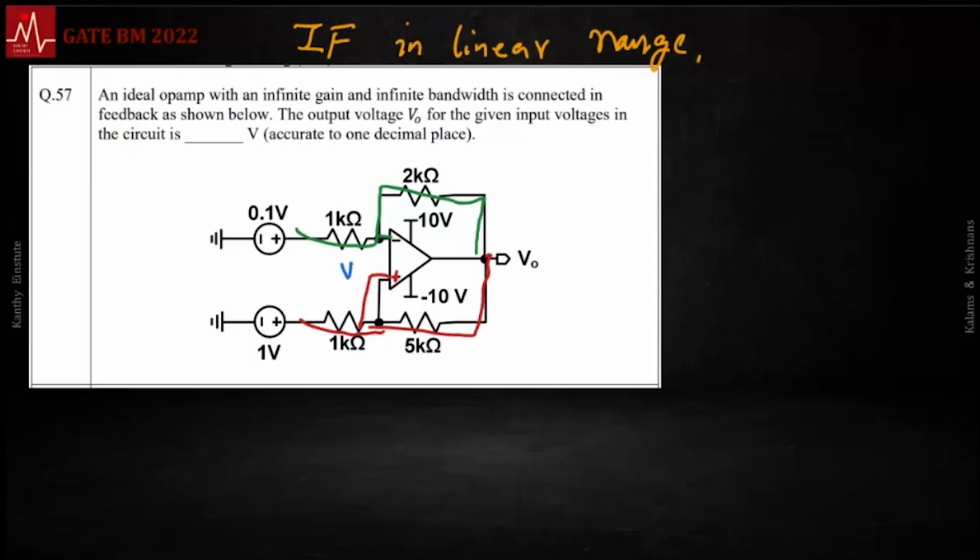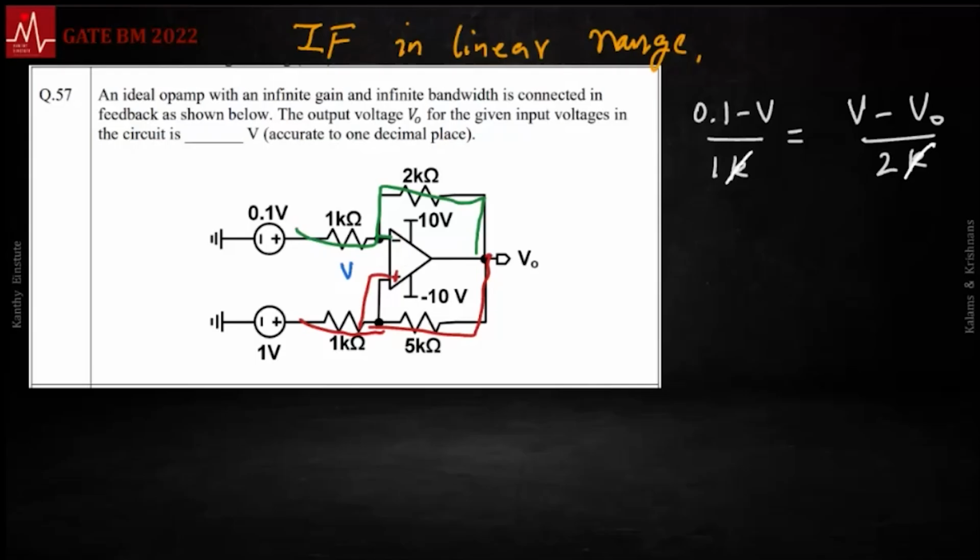So I got 0.1 minus V by 1K equals V minus V naught by 2K. K will get cancelled. That is one equation, which I got from the top, and that's right, since no current goes through the non-inverting terminal. That's where I got that equation.